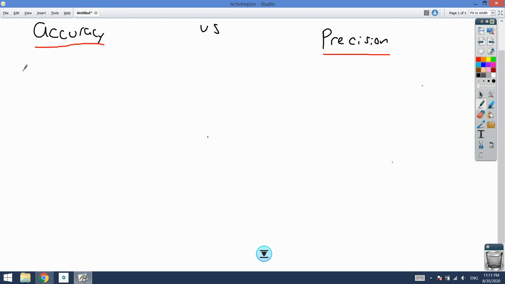Let's make that black. And with that, when we think accuracy, the best way to put it into terms would be how close the shot is from the target.